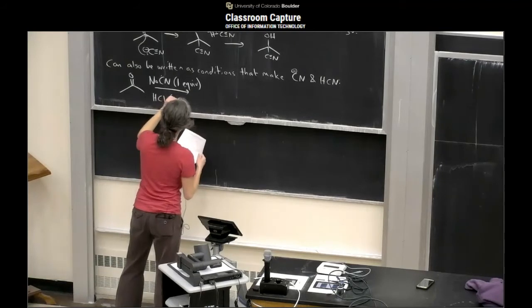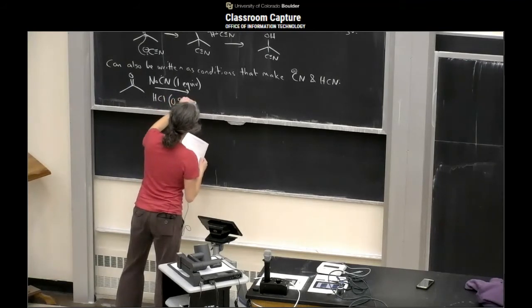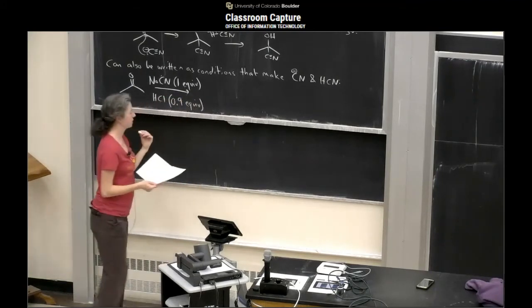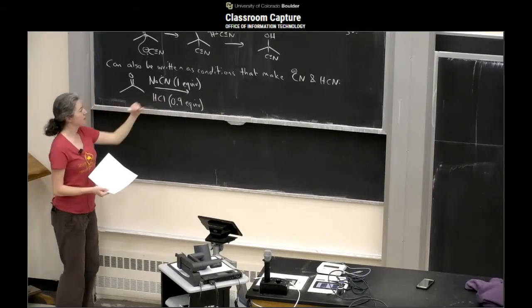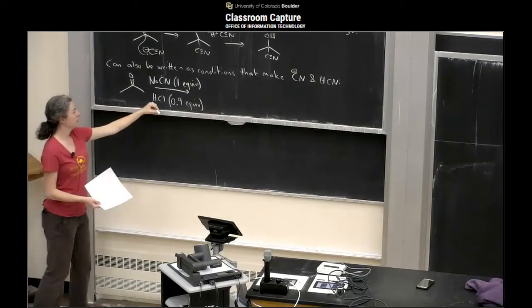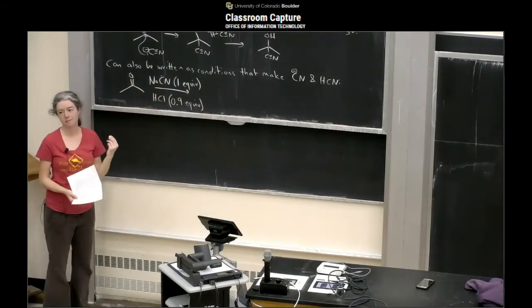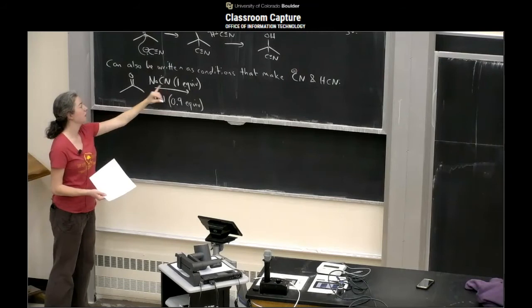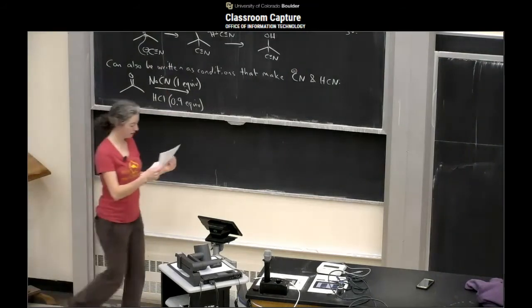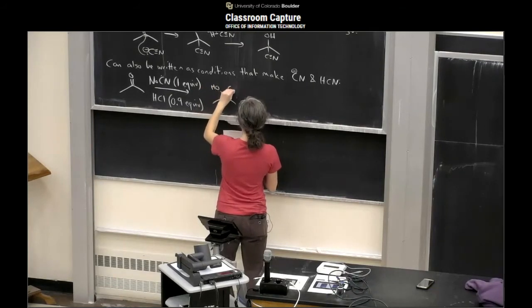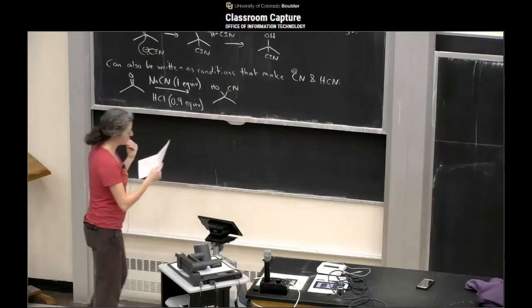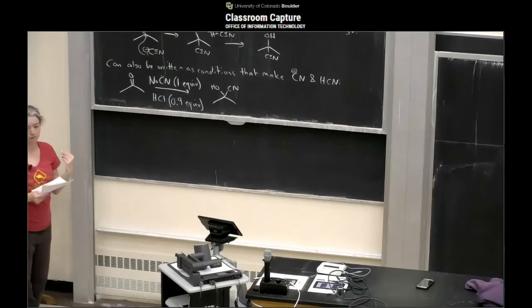People usually say like 0.9 equivs, but the exact amount is not too important, just so long as it's slightly under 1. And then these two things combine to make HCN and leave some CN− left over to go start the attack. Okay, so it's really just different ways of writing the same reaction here, but you might see either one, so as long as you can recognize that's what's going on.